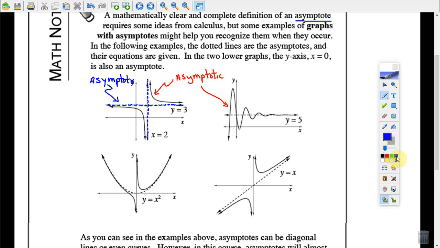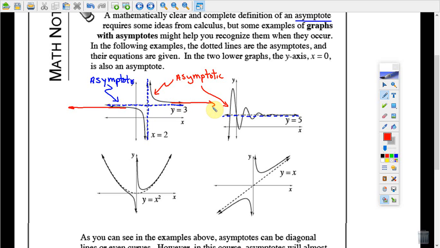And I have the asymptotes here in blue. So these are lines that the function approaches but never quite gets to. So we get closer and closer to this y equals 3 line, which is this one right here. As the function goes to infinity and negative infinity, so here it's going negative infinity, it's getting closer and closer to that blue line, but it never quite gets there.